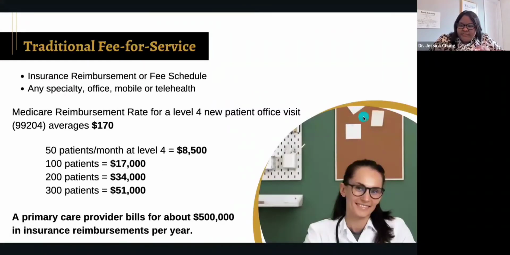So traditional fee for service. So this would be either an insurance reimbursement or fee schedule. Traditional fee for service does not mean you have to do insurance reimbursement. You can charge your patients or your clients based on a fee schedule as well. So if you decide, well, I am not accepting any insurance, Dr. Chung, I don't want to get into insurance, well, you can create a fee schedule for your patients.